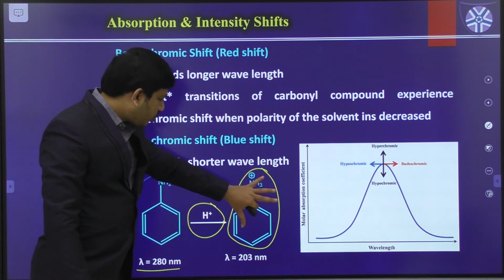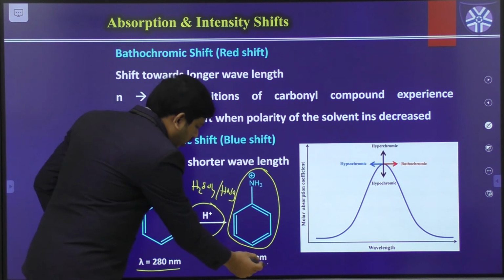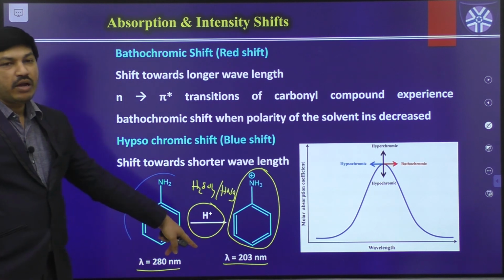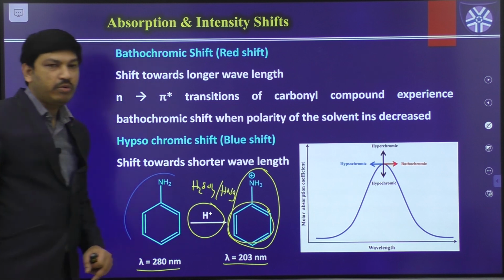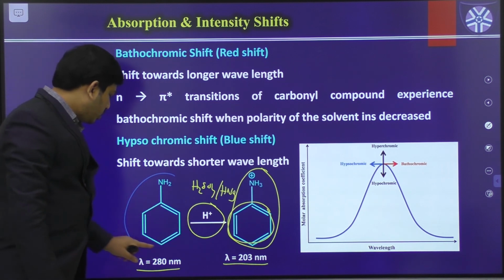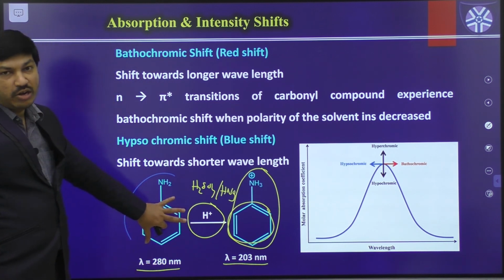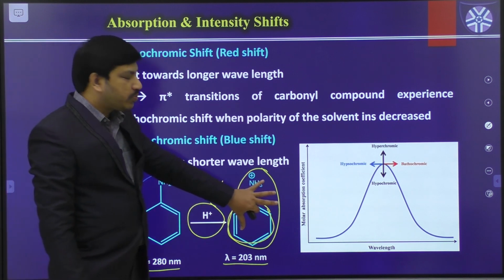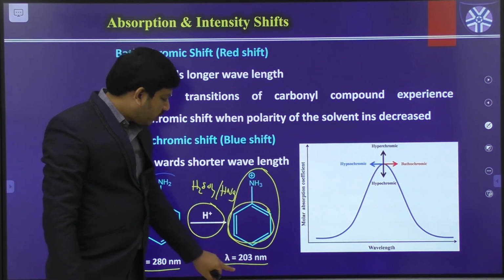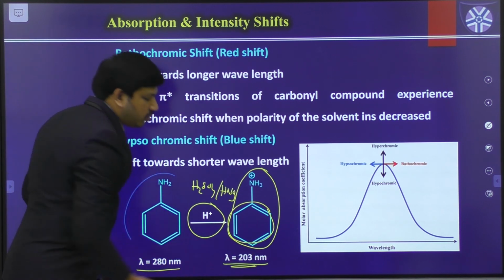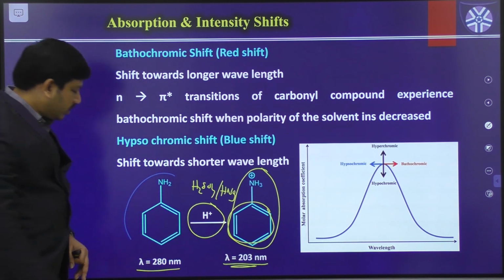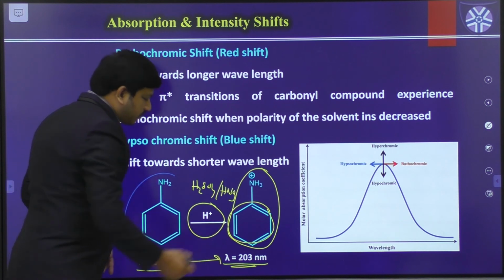Now if you see the absorption spectrum of this molecule, it shows a lambda value of 203 nanometers for the corresponding 3 conjugated double bonds. Initially it shows 280 nanometers for the 3 double bonds, but once it is protonated, the value shifts to 203 nanometers only, from 280 to 203. That means the value decreased or increased?